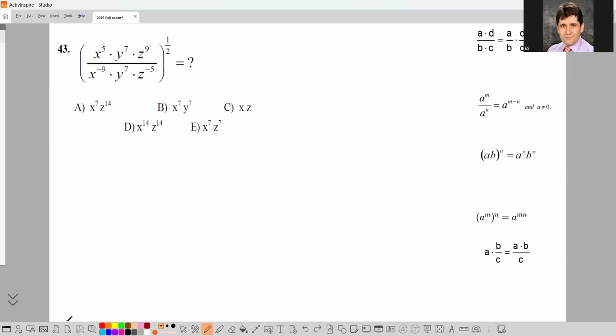Next is working with exponents. So there are these common formulas here to deal with exponents. We may just divide the fractions here and see what we end up with.